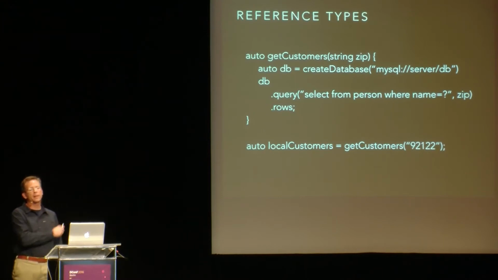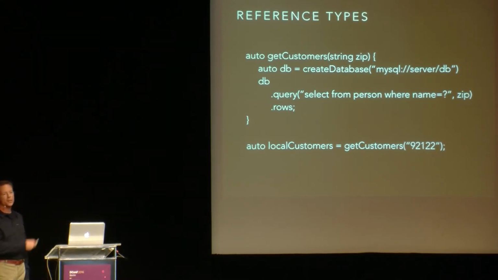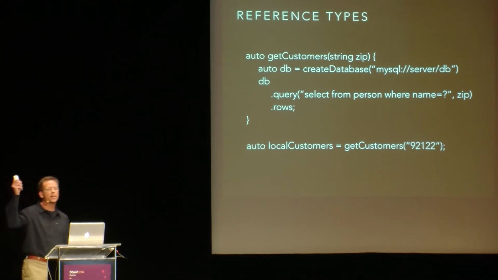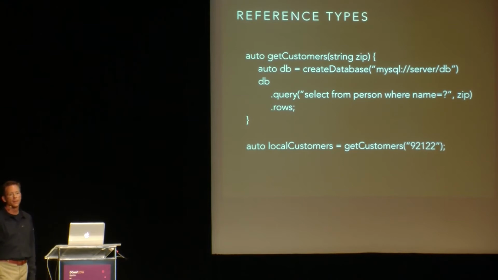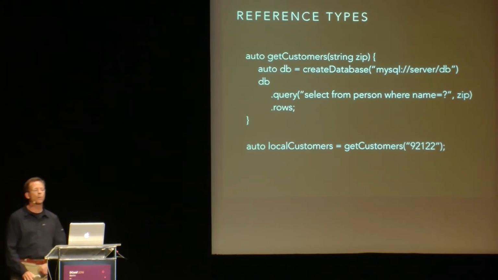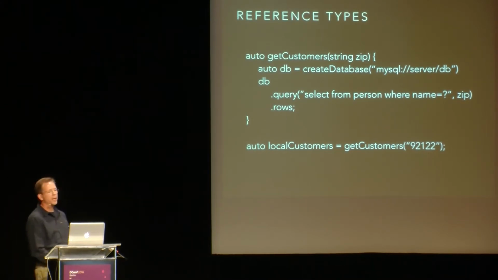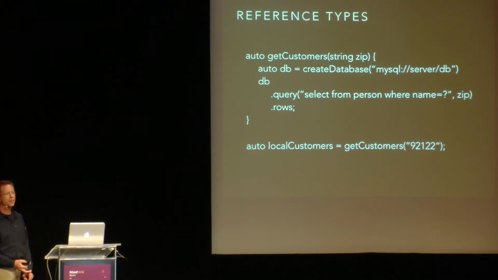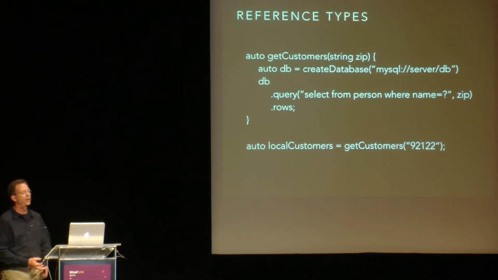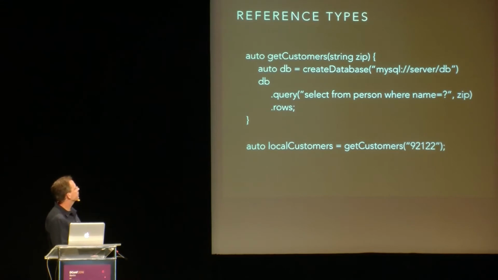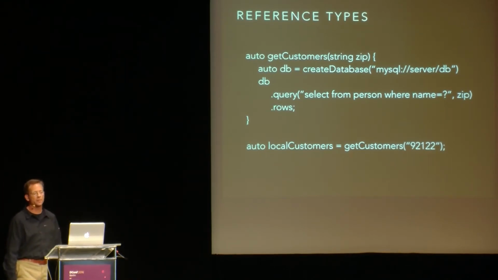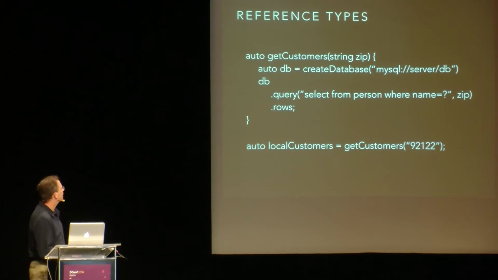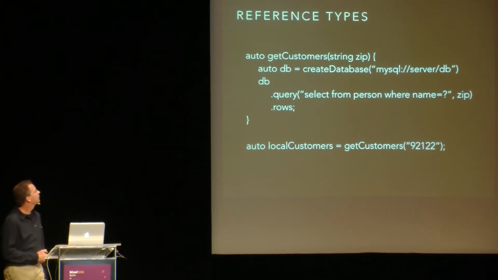But this is completely fine because all of these objects are holding references to the parent object, so escaping out of this function is just fine. So everything is designed to work without worrying about what the lifetime of the struct is. They're all ref counted, and it's all taken care of. So you can return things like this. Even this row set is going to hold on to the database as long as that object exists. So that's what I mean by reference types.